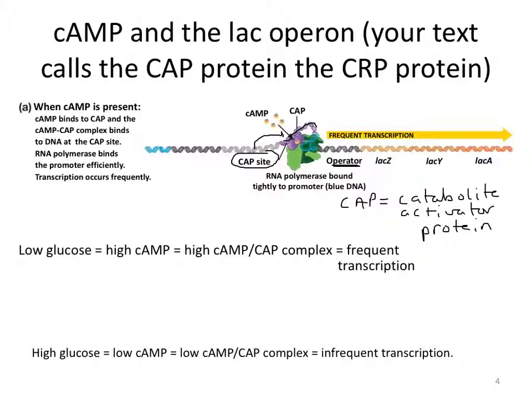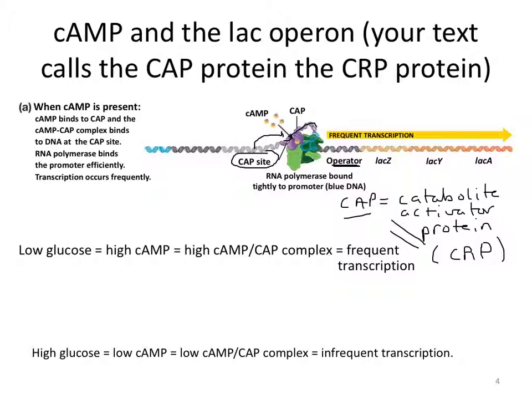It's a DNA binding protein similar to the ones that we discussed more generally in the previous part of the lecture. We're just calling it the CAP binding protein. Please note that your textbook refers to this as the CRP protein, but they're the same thing. They're synonymous.